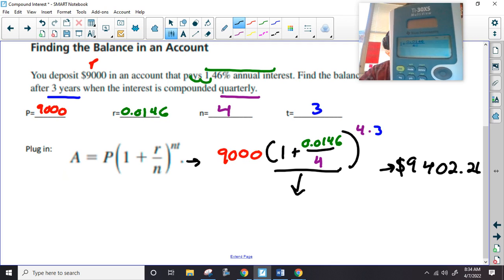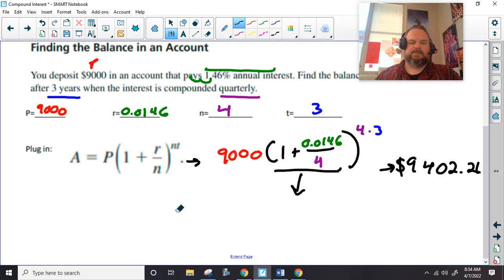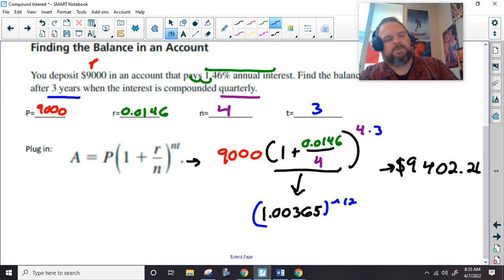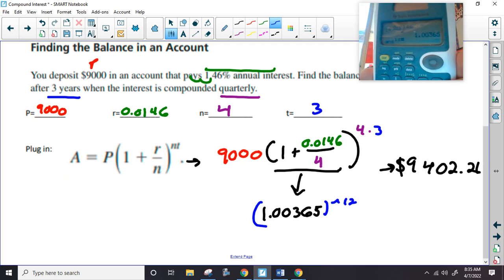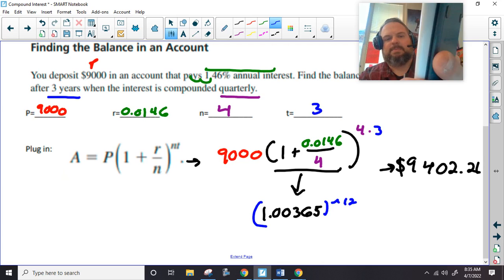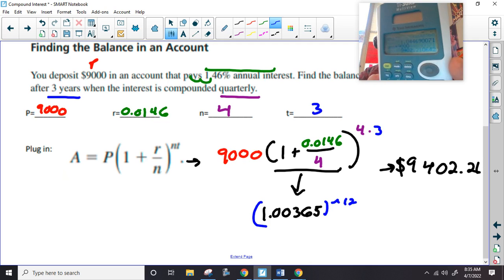Get that. Bam. You get some super weird decimal. Then I would raise that to the 12th power because 4 times 3 is 12. So caret key, 12. Then multiply it by 9,000. We get the same answer.